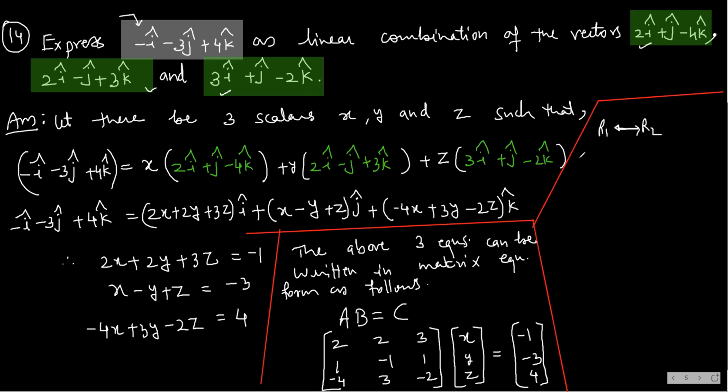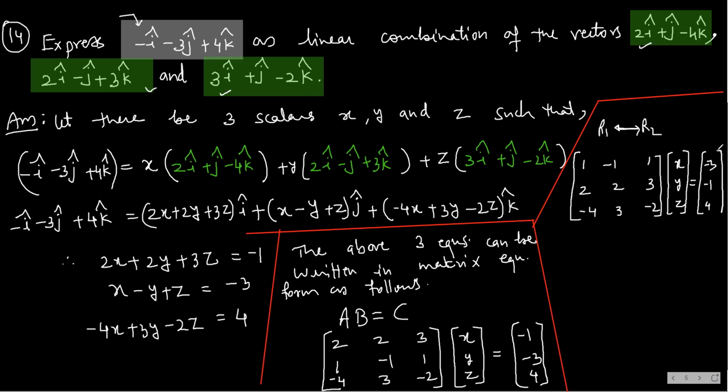So here you will get 1, minus 1, 1, 2, 2, 3, minus 4, 3, minus 2, and x, y, z. I'm applying a row transformation, so when you apply a row transformation, there is no change in the post-factor matrix. The post-factor matrix will remain as it is, only the pre-factor matrix and the right hand side matrix change. R1 interchanged with R2, so here you have minus 3, minus 1 and 4.